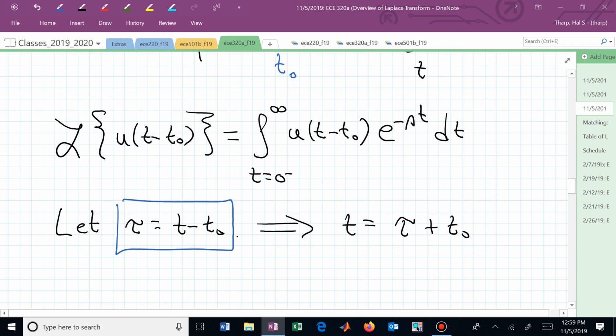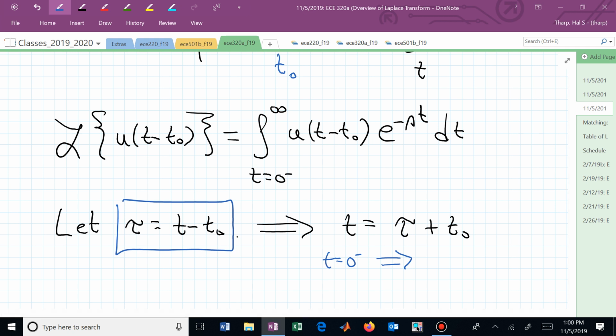And we can now start thinking about the remaining steps for this problem. We need to know then, if we're doing a change of variable, what's tau equal to when t, little t, is 0. We know the relationship. They're just shifted by t naught. If we set little t to 0 and solve for tau, we have what tau equals at the lower limit of our integral.